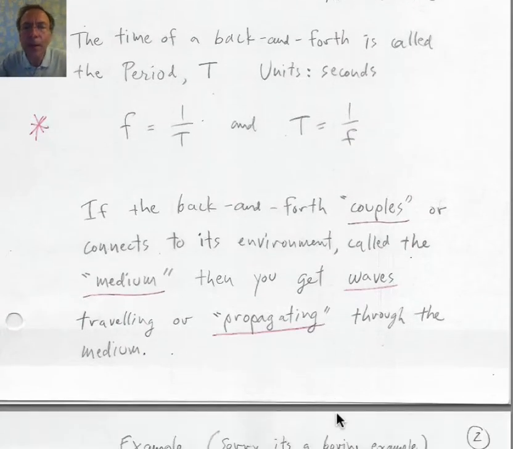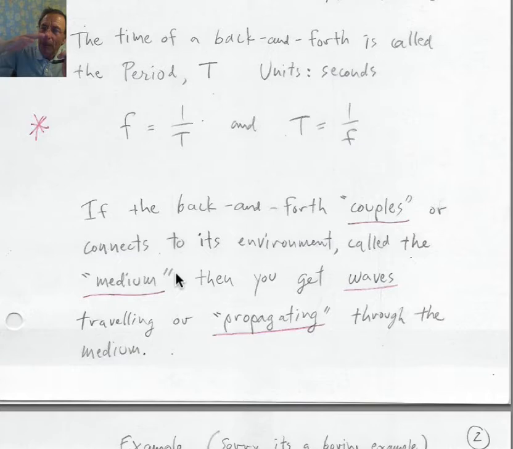Now, if the object that's vibrating, that's going back and forth, somehow couples or connects to its environment, the environment is called the medium, then you get waves that will travel through the medium.